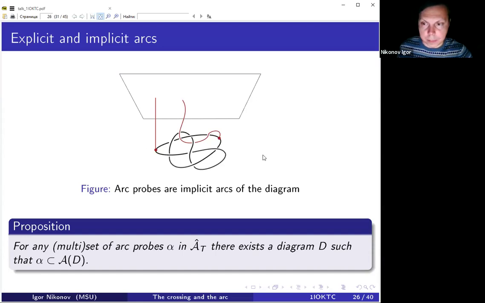If we consider a diagram, we have vertical probes and some other probes, and the other probes can be considered as arcs which are not exposed. They are implicit arcs, which can be made arcs of the diagram after applying some Reidemeister moves.